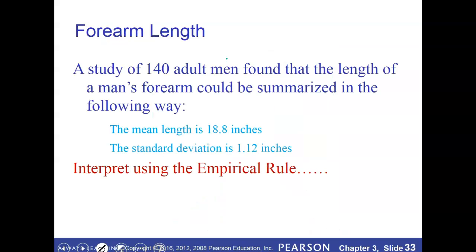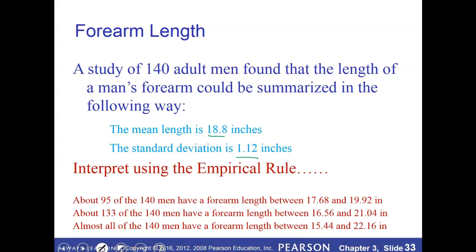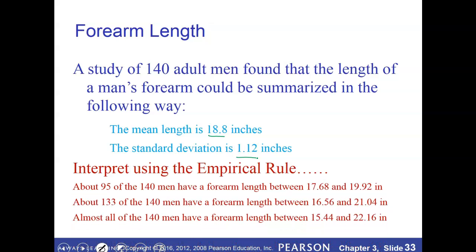So if we look at that, assuming that this study is bell-shaped, and same information, we still have the 18.8 inches, which is the mean, and the standard deviation is 1.12 inches, then we can conclude these 3 things. From 17.68 to 19.92, that's within 1 standard deviation of the mean.